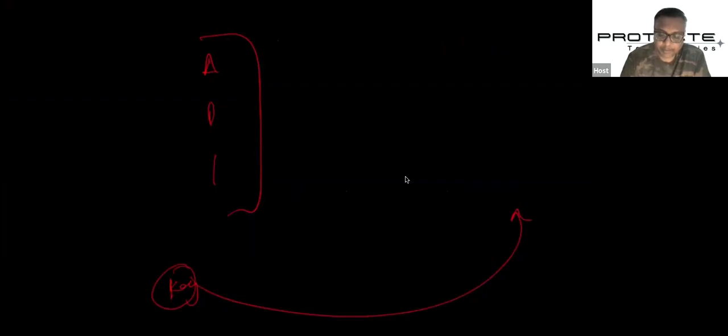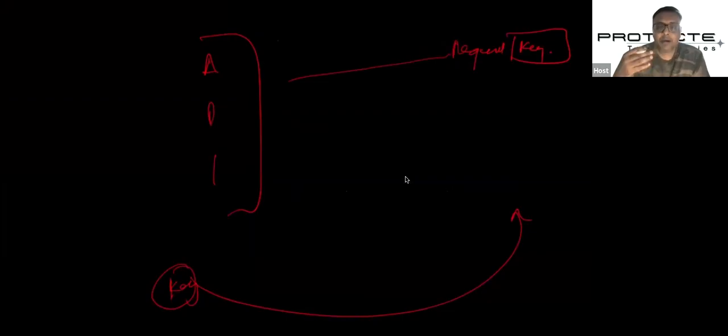When you interact with an API, initially at the backend, they issue you a key. You embed this key in your request. Or rather, you don't embed the key, you encrypt using this key.